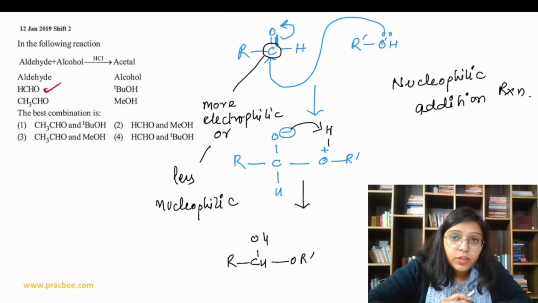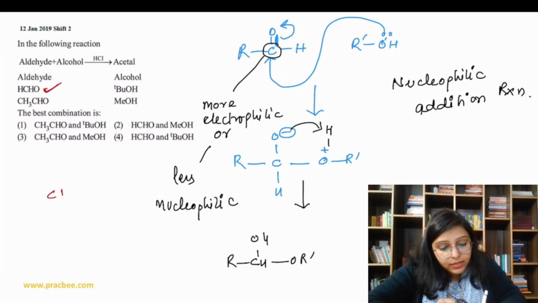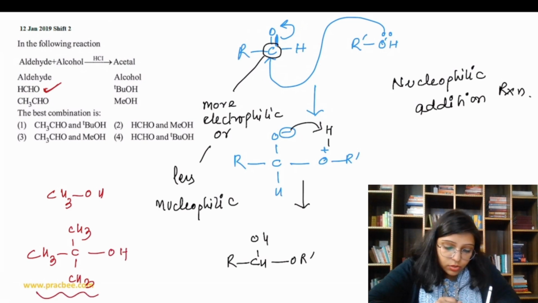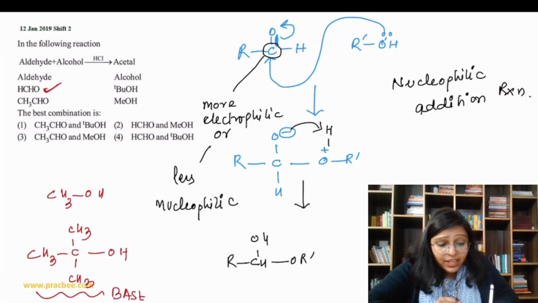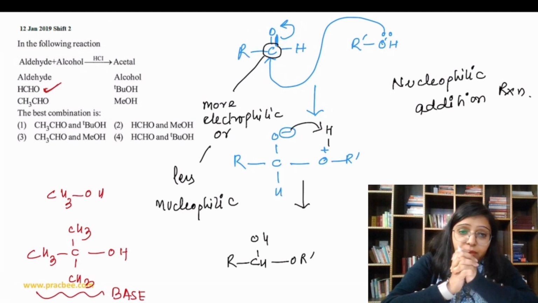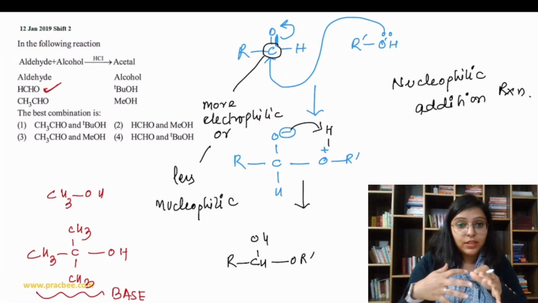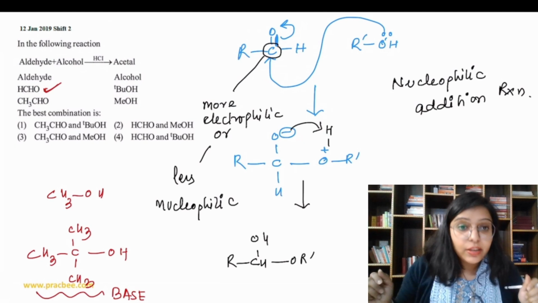Now we have to check for alcohol. In alcohol we have CH3OH or tert-butyl alcohol, (CH3)3C-OH, right? So this is going to act as a base. It will not act as a nucleophile. Why? Because it is bulkier. Nucleophiles are those substances which can easily move and attack the electrophilic position.